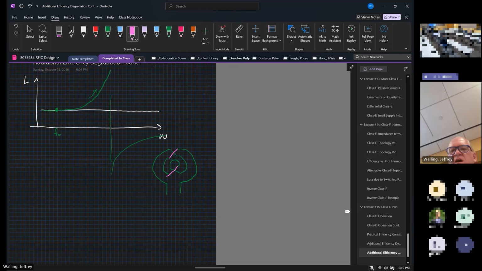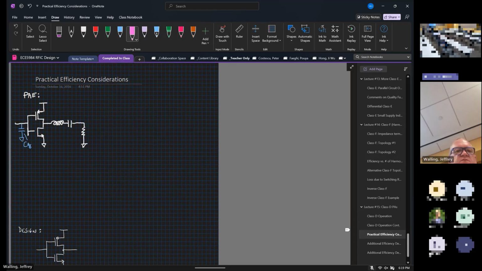All right, so we can add a few more practical considerations for efficiency in a Class D network. I have a spreadsheet that designs Class D PAs that I'll share with everybody. We have parasitic capacitance at the gate, and compared to the other switching amplifiers, that gate capacitance is bigger.